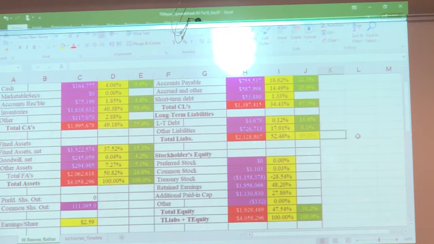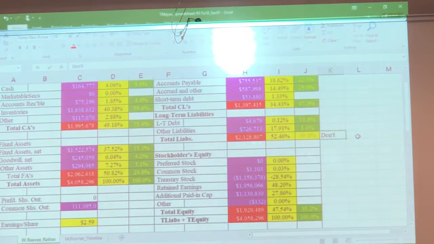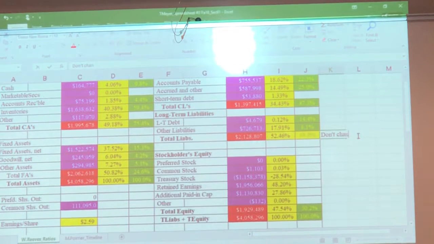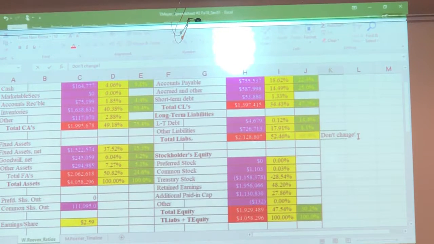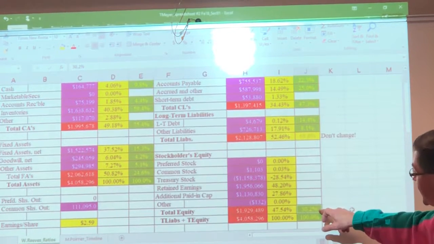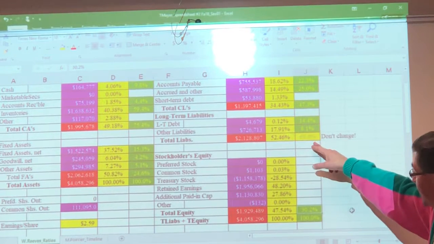So type a note to yourself next to the cell: Don't change. Now, you do need to change this one, and this is why it's green and yellow instead of yellow and green.